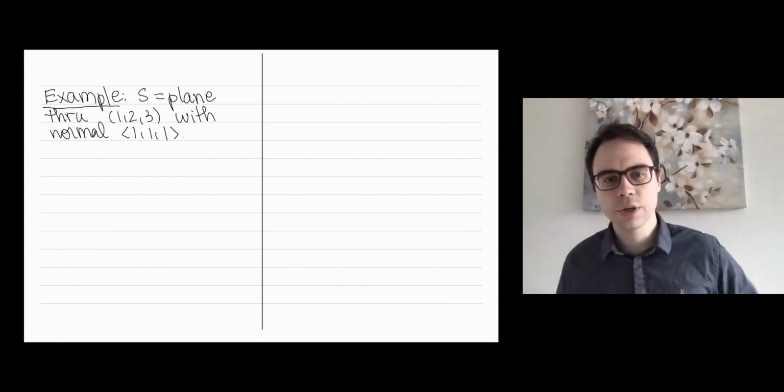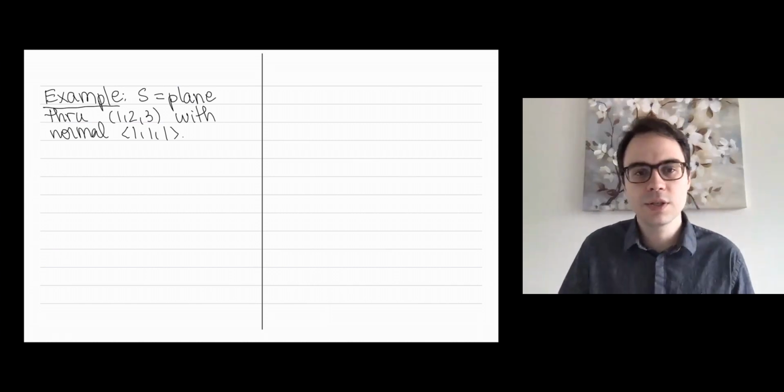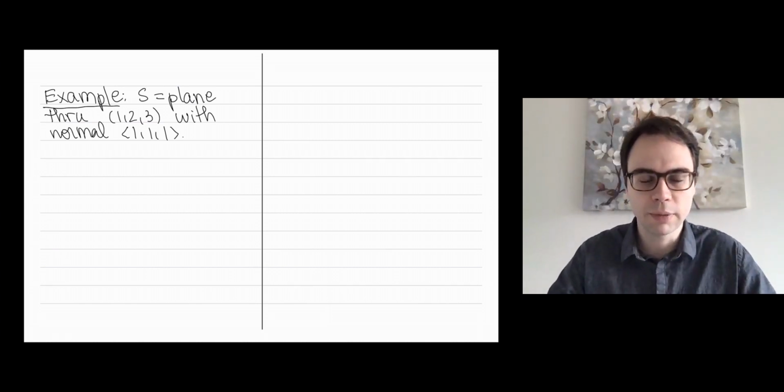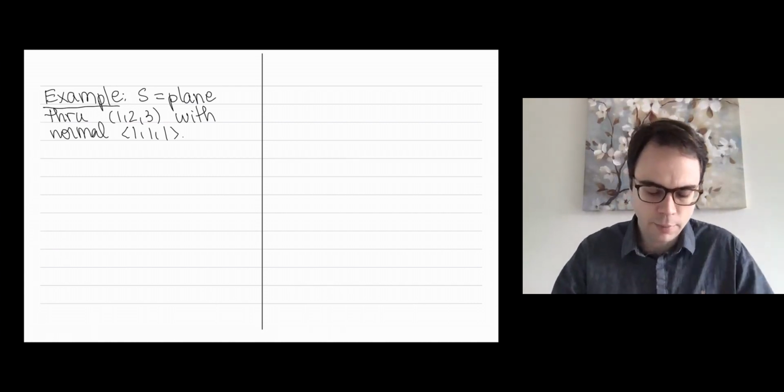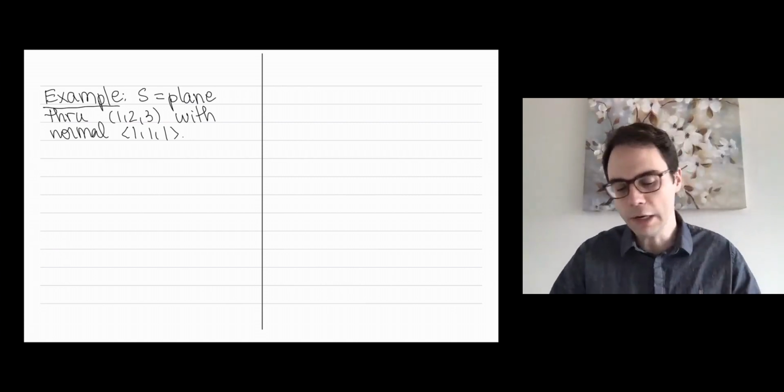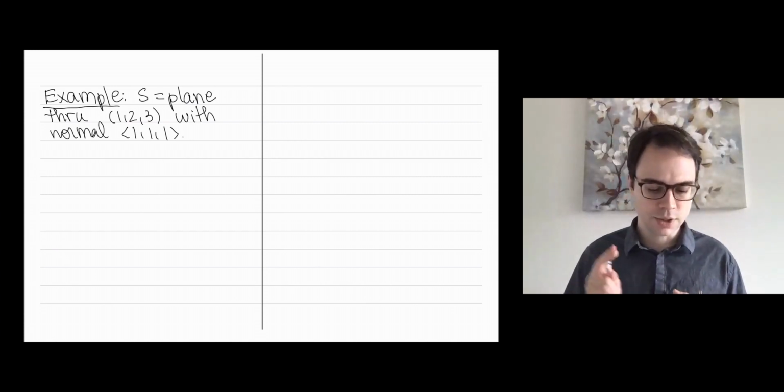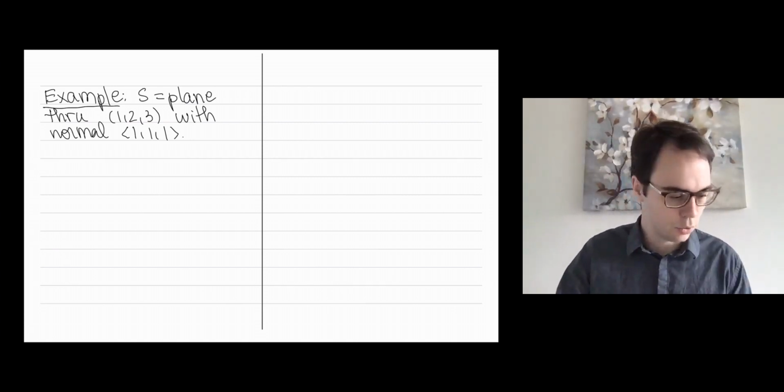What I'm going to do here is the recipe. This is just a specific example of a plane, but the strategy to build the parameterization that I'm going to show you now works for any plane described like this, if you could just give me a point and tell me the normal to the plane.